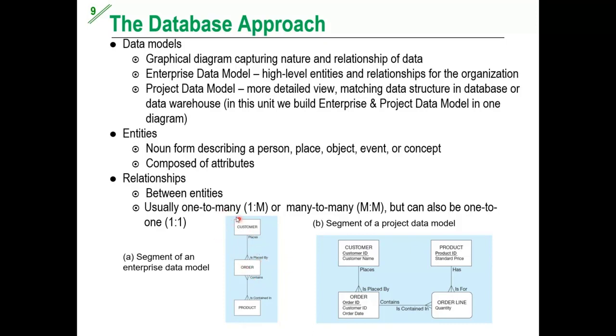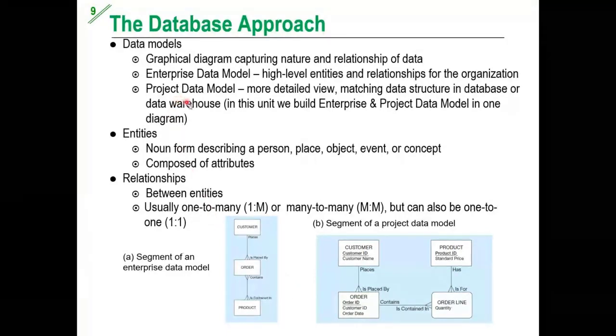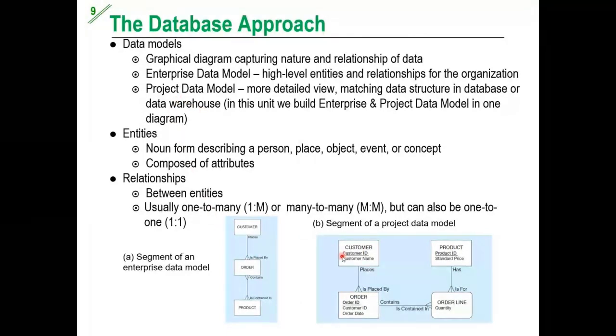Right, so this is how the enterprise data model looks. And the enterprise data model, as I mentioned before, we can convert into a more project focused data model. Because this is a conversion into a project model, you can see we have additional details placed in each of these entities, right? For example, these are the characteristics of each entity, or attributes of entities.